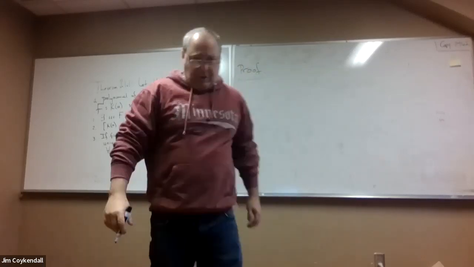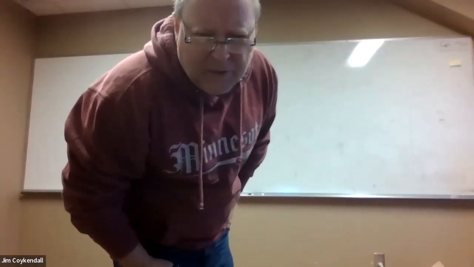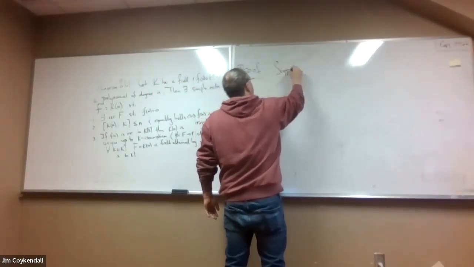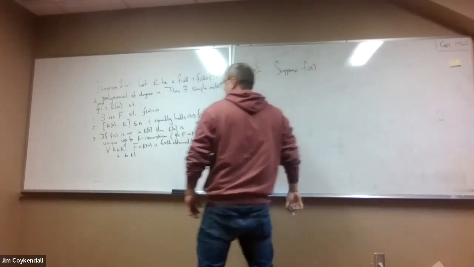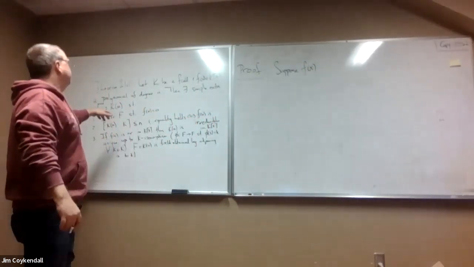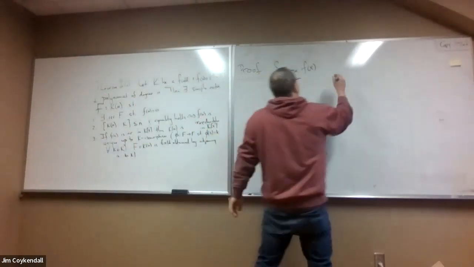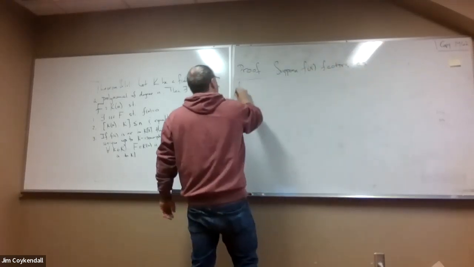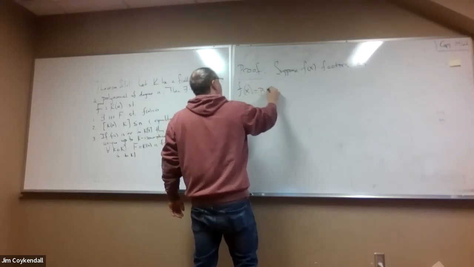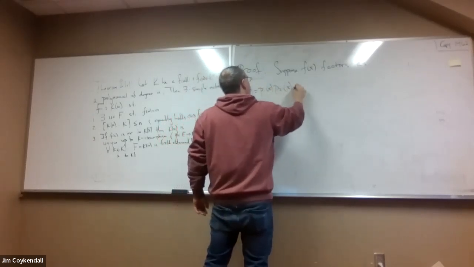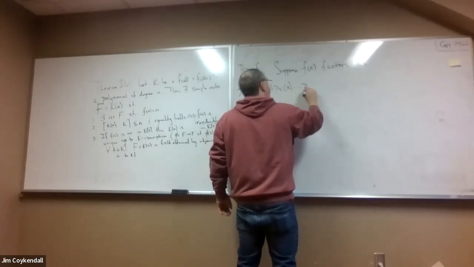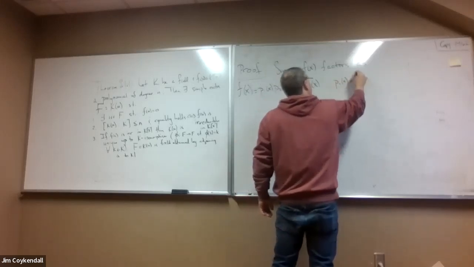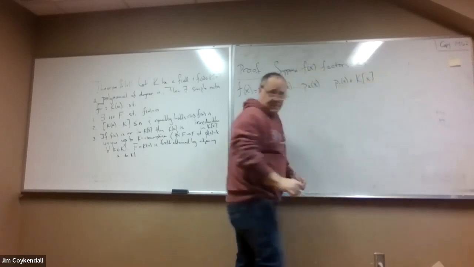Proof. So first of all, let's deal with this. Suppose that f(x) factors as f(x) equals p1(x) p2(x) through pk(x), with each pi(x) in K[x].